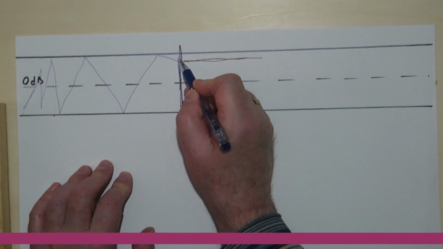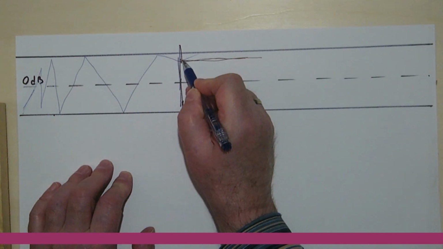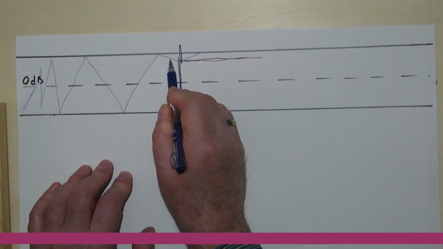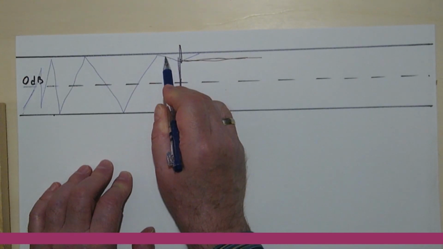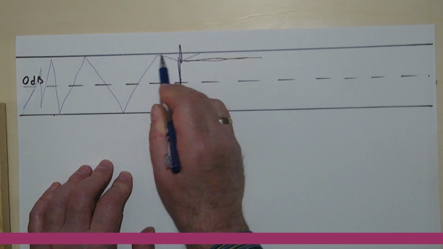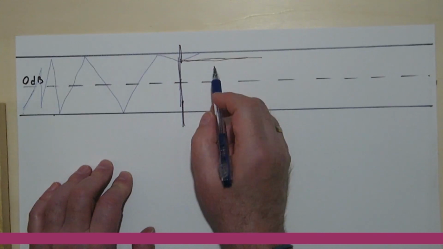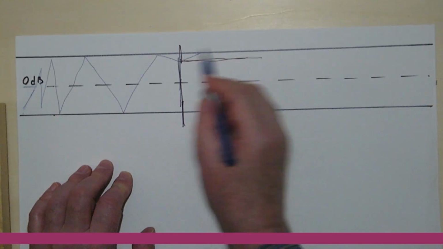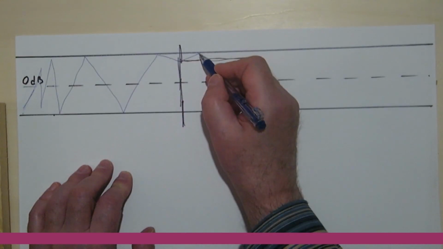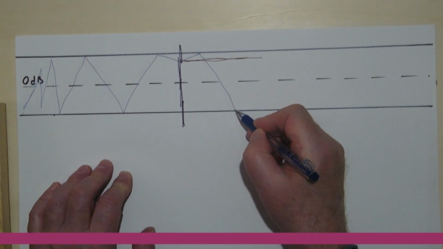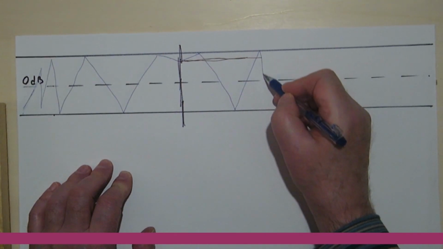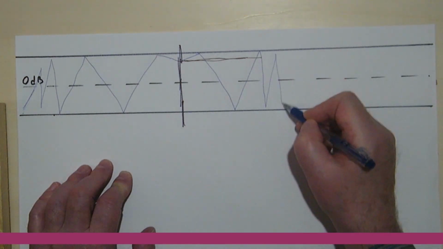So it goes up, and each of these points corresponds to each other. It's like a mirror. The 0 Hertz line is like a mirror, and then it goes down, then it goes up again and gets faster again.